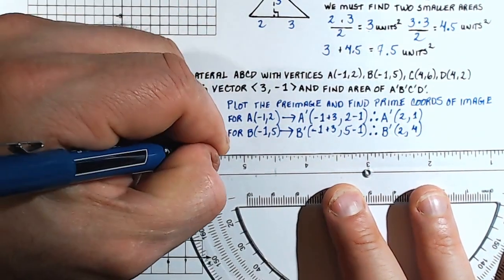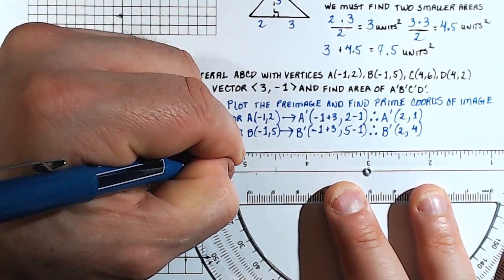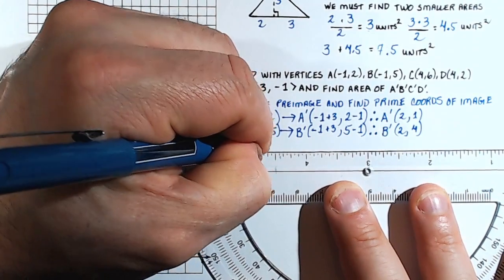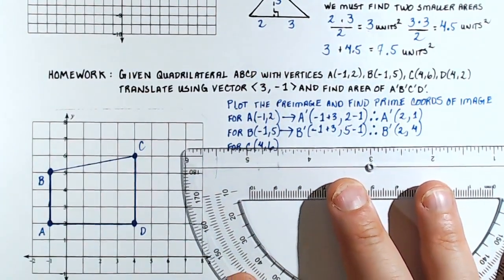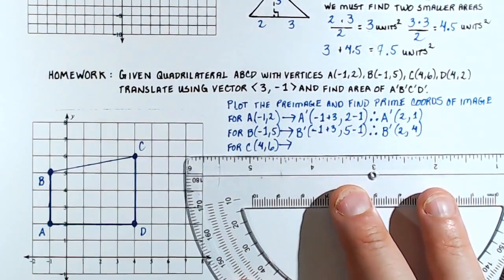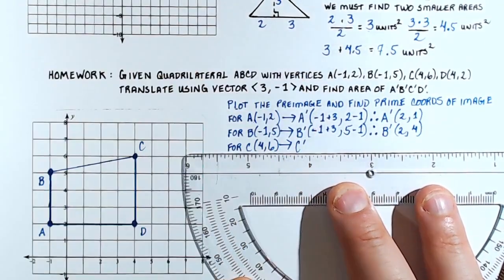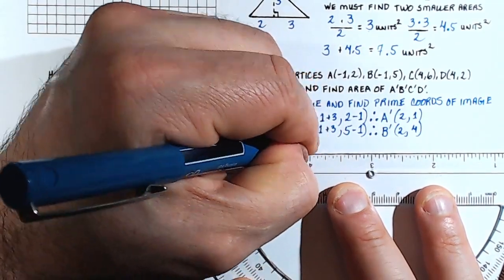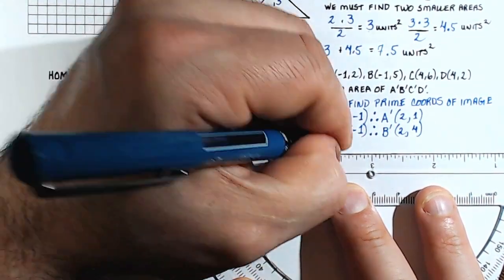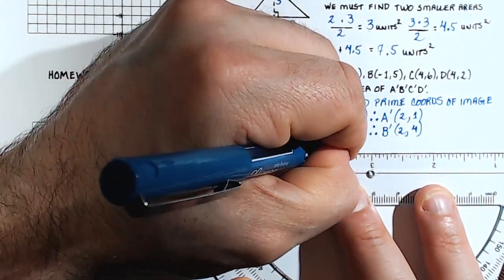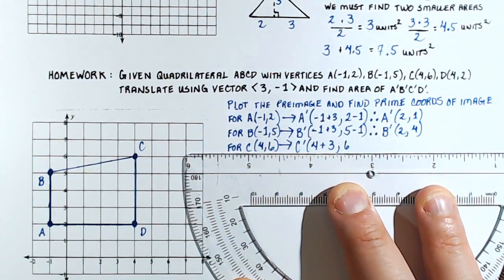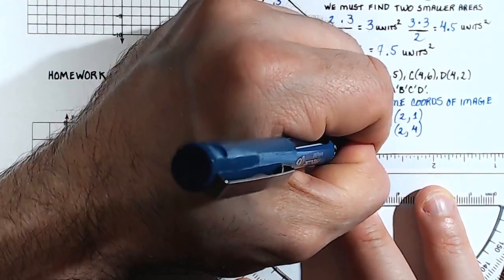Now we do for C. C is located at 4, 6. We find that C prime is located at 4, the x value of C, plus the horizontal component of the vector, 3, comma, 6, the y value of C, plus the vertical component of the vector, which is 6 minus 1.